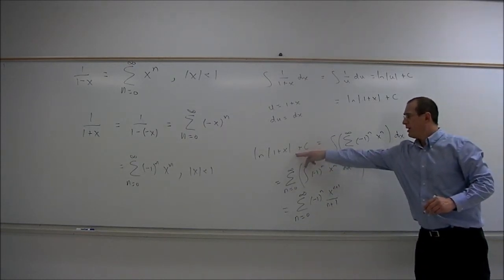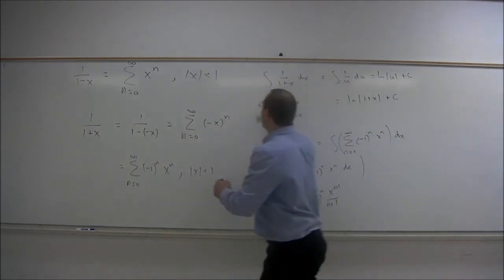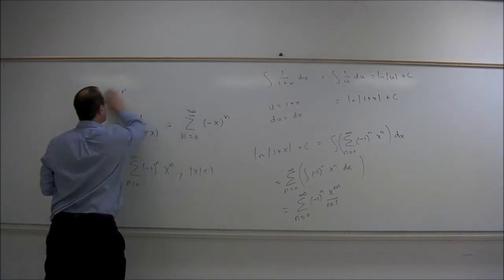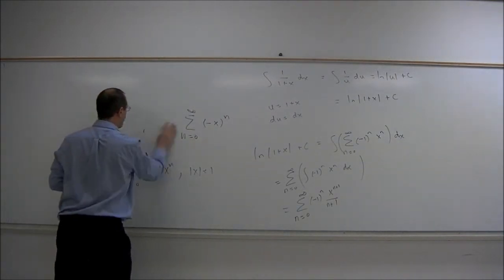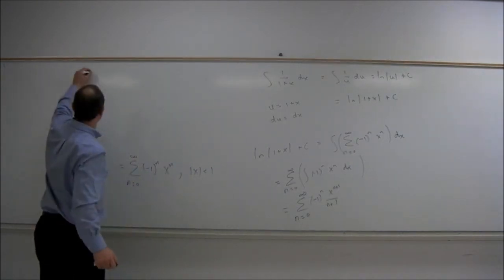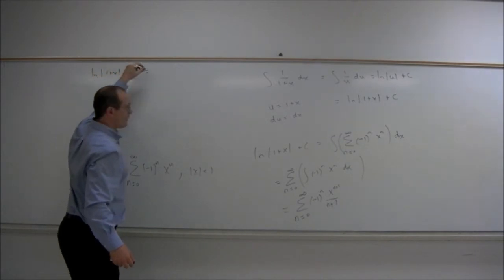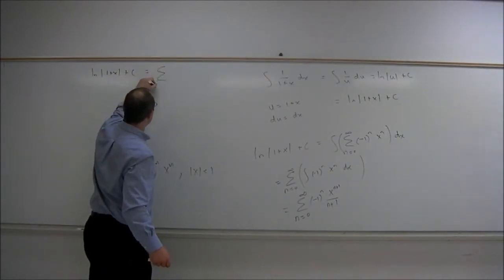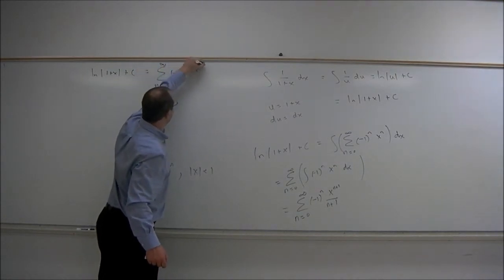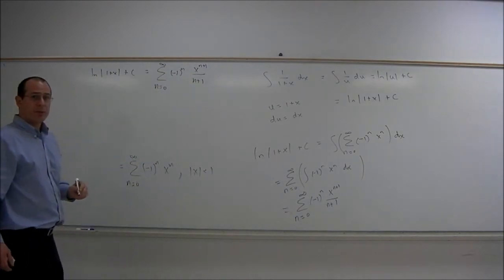So there we have the power series representation for the logarithm. Let's write that down. We have the log of the absolute value of 1 plus x plus c is equal to the summation n equals 0 to infinity, negative 1 to the n, x to the n plus 1 over n plus 1.